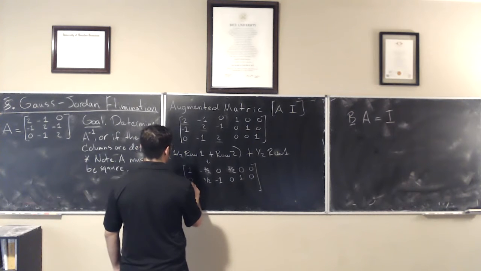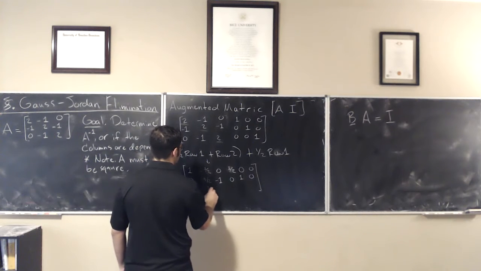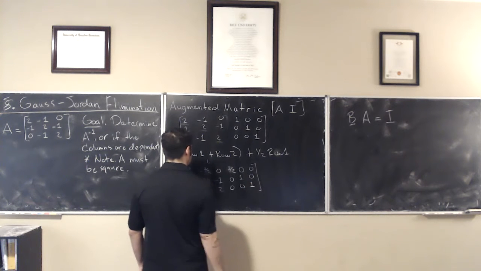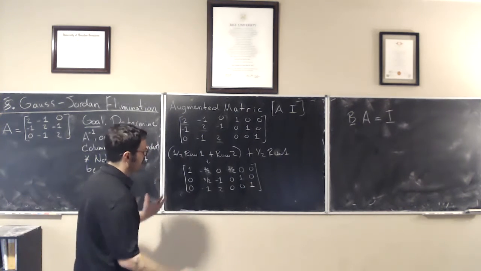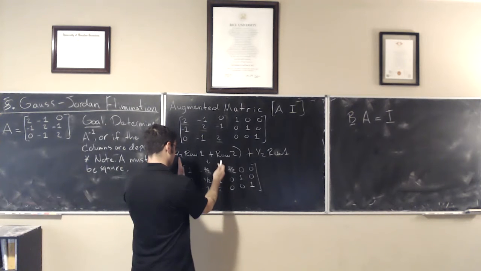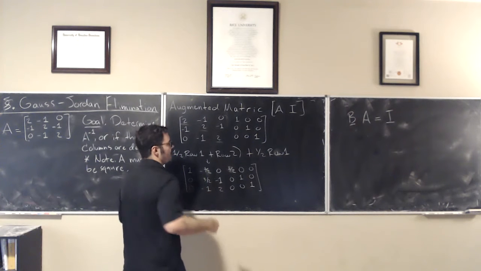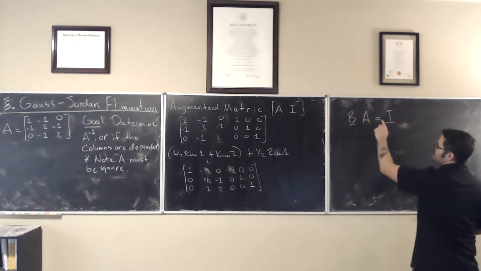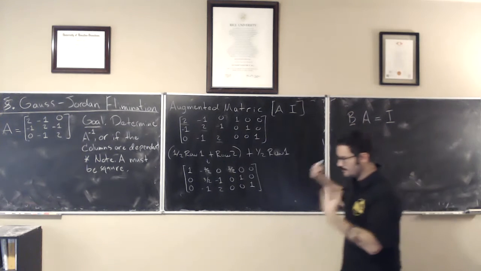And then we didn't do anything to the third row. Again, the whole purpose of this is to build the identity right here. Okay? And I think of this like this. We want to know what times A is equal to I. And that's what I'm thinking is happening.